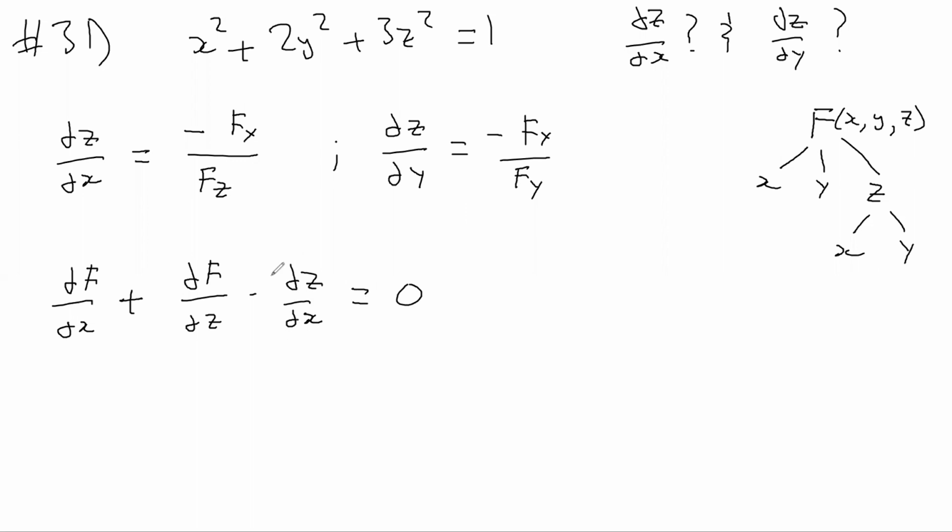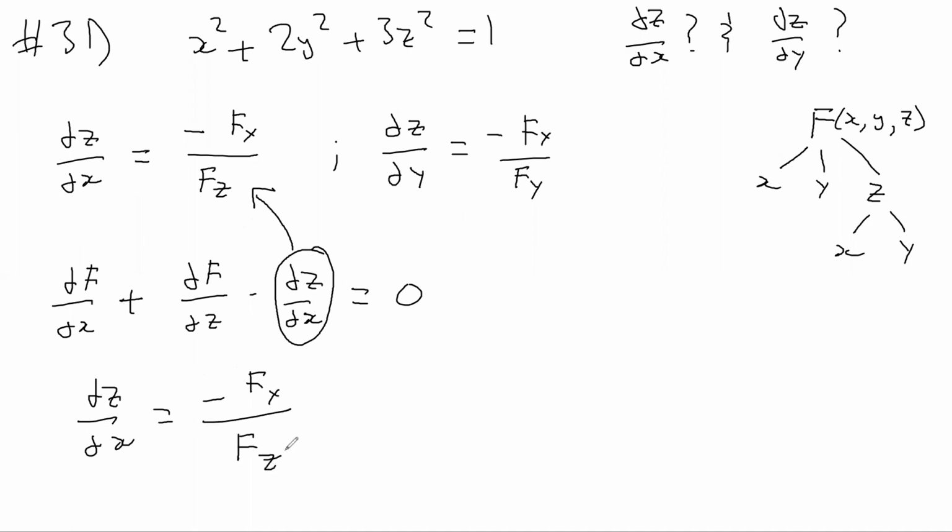Now, if we simplify for dz over dx, we're going to yield this function right here. So dz over dx is the same thing as negative f sub x all over f sub z. And that checks it off.